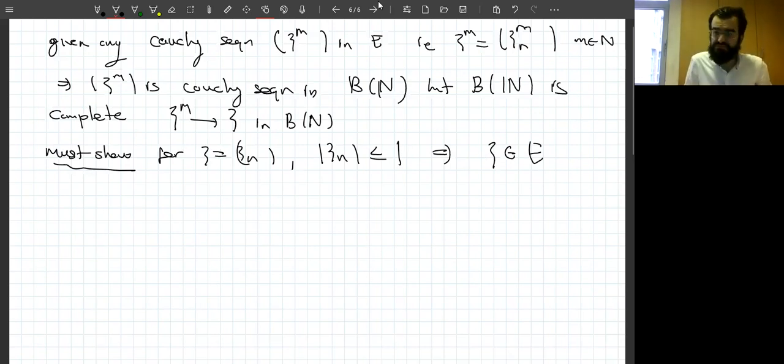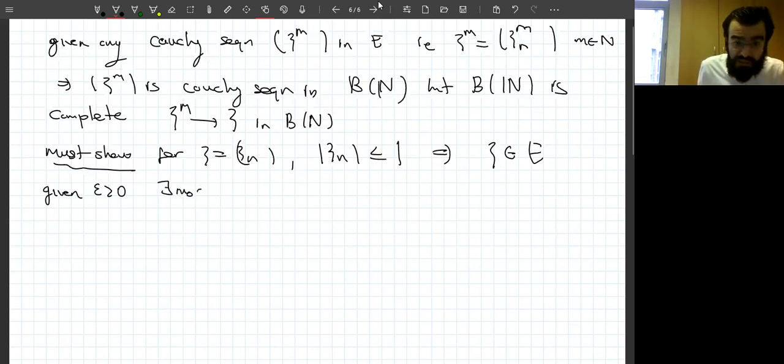Okay. So, given epsilon greater than 0, there exists m0, a natural number, such that the distance d(psi_m0, psi) is less than epsilon.